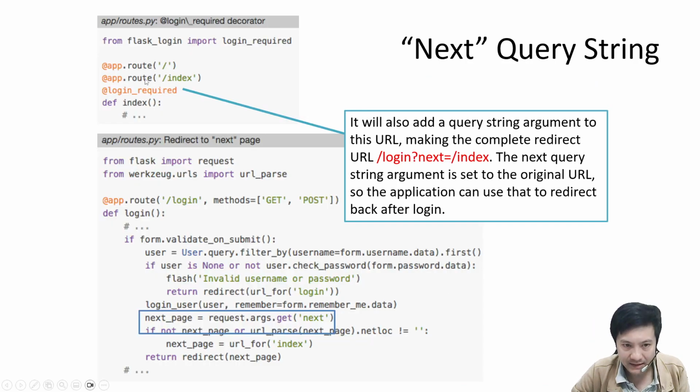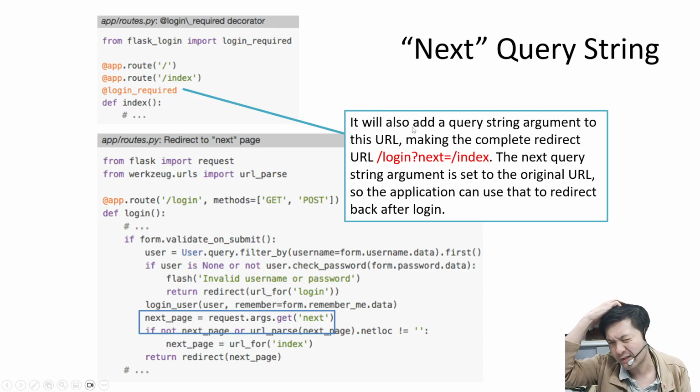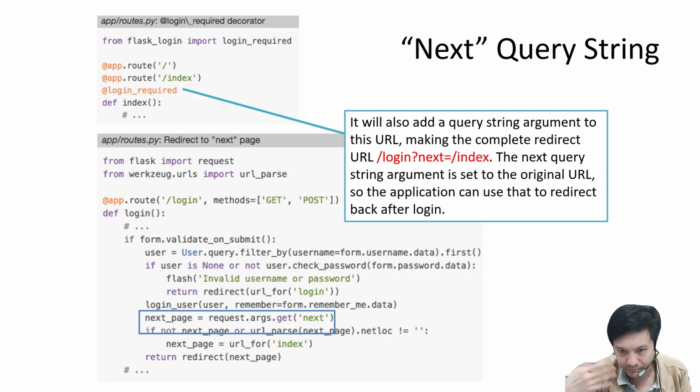And also, for a web application, sometimes you need to have paging or a query string. For example, the next one: we will keep the login. We want to redirect the user back to his original page, his original web URL.